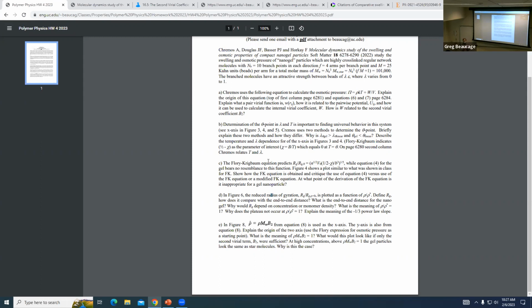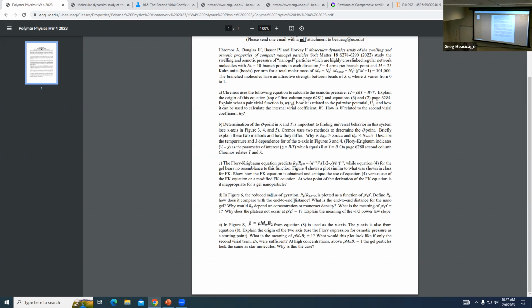So it goes with the volume, like the cube of the size. As you go above C over C star, when that's 1 and above, the radius of gyration goes with power -3, because it's actually compressing the volume of each of these blob things as you increase the concentration. It's kind of interesting that he saw that.